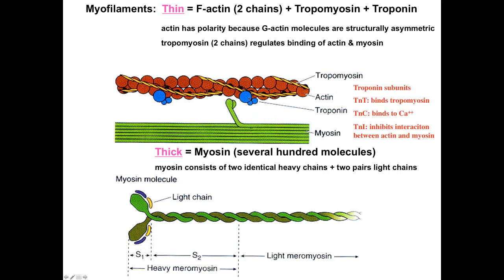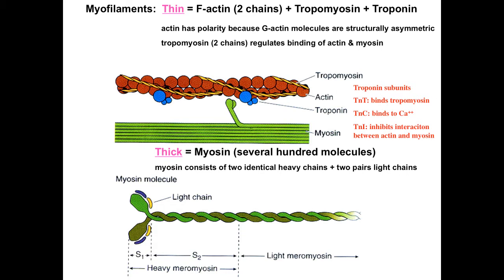Troponin has several subunits. There's a troponin T that binds to tropomyosin. There's a troponin C that binds onto calcium, and there's a troponin I that inhibits the interactions between actin and myosin.